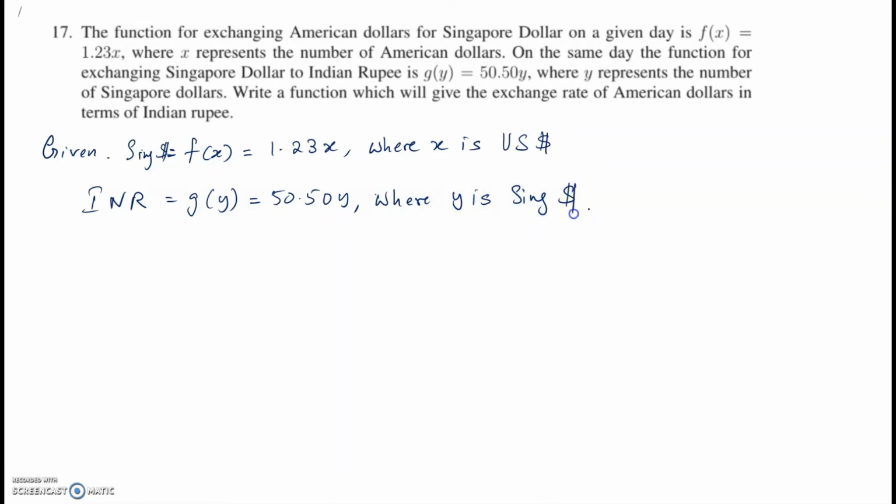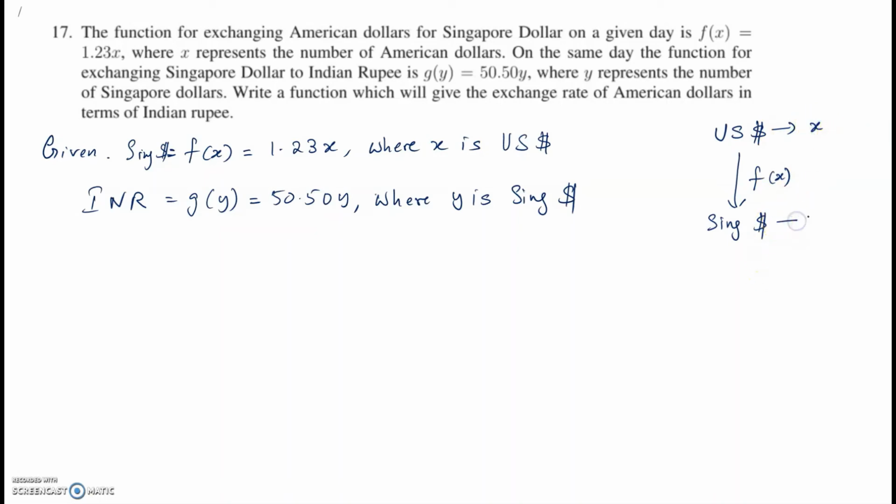Singaporean dollar. So what we have is, when you're given the US dollar, and you convert it to Singaporean dollar using the function f of x, where US dollar indicates x.